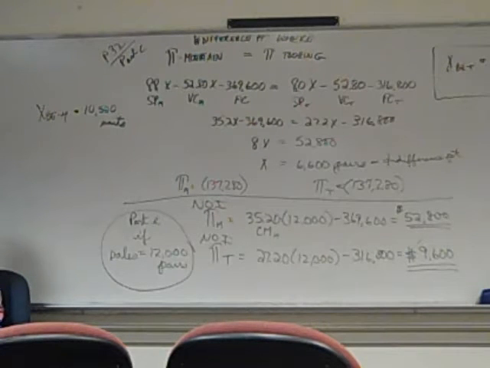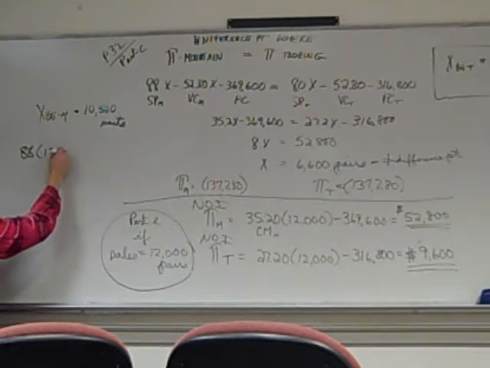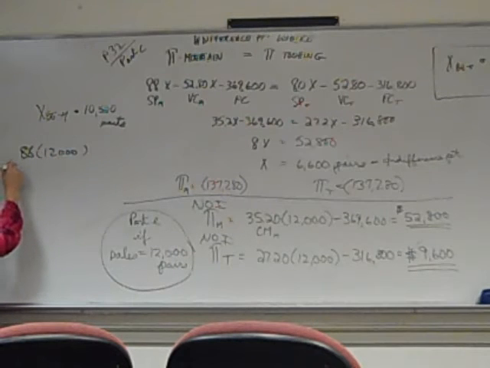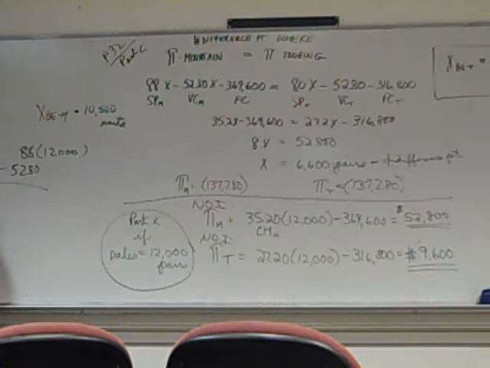Okay. I have a question. So the net operating income, right, Part A, is the contribution margin, it's sales, the 12,000 pairs? Yep. It's $88 in selling price minus variable cost to give you contribution margin.